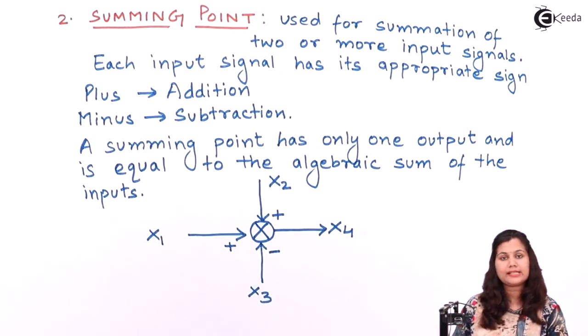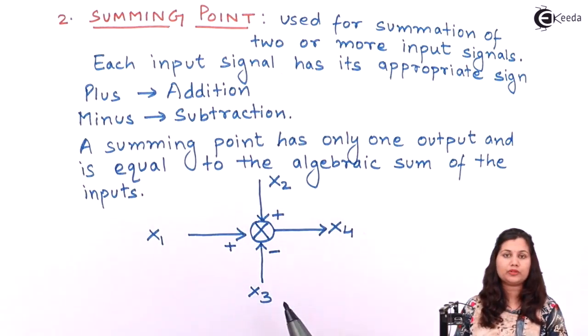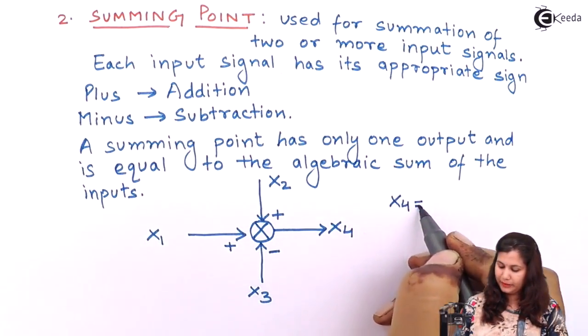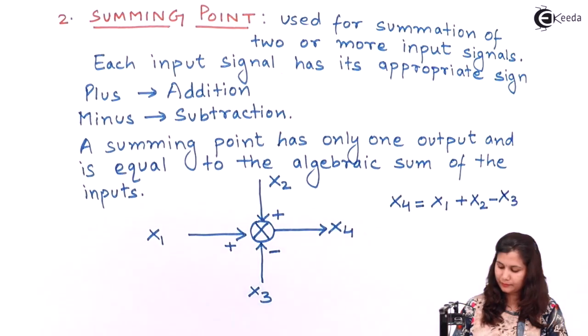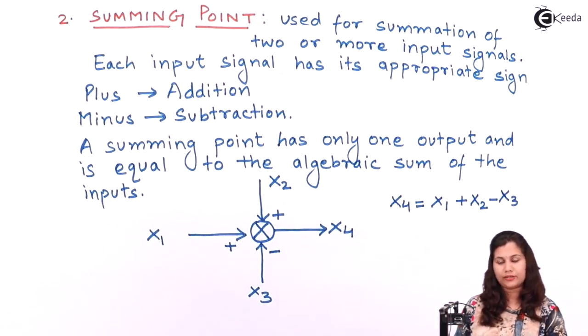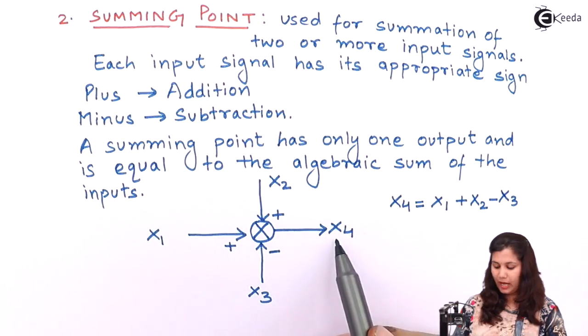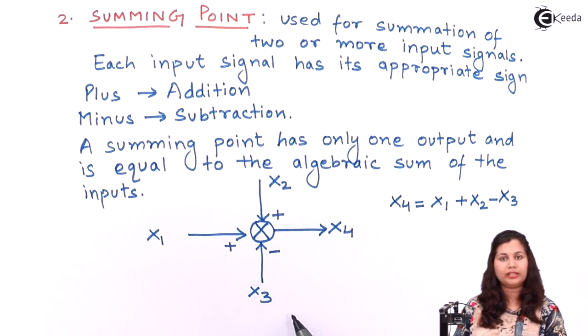And the output of this summing point is x4. So x4 will be equal to the algebraic sum of these three input signals. So x4 will be x1 plus x2 minus x3. Since x3 has a minus sign, we have taken a minus sign here. So you can see that the output of the summing point will be the algebraic sum of the inputs.